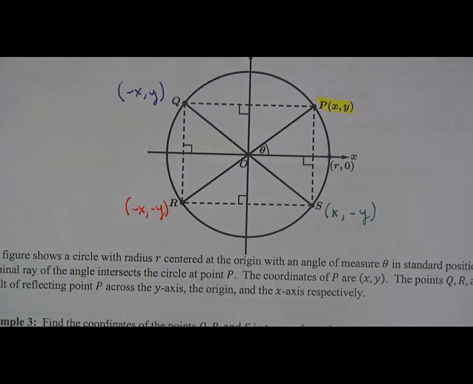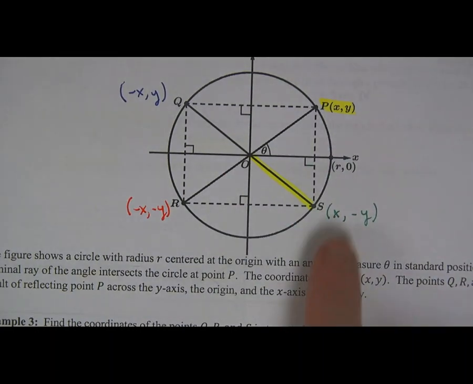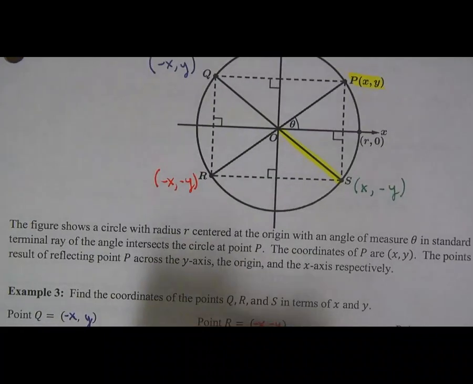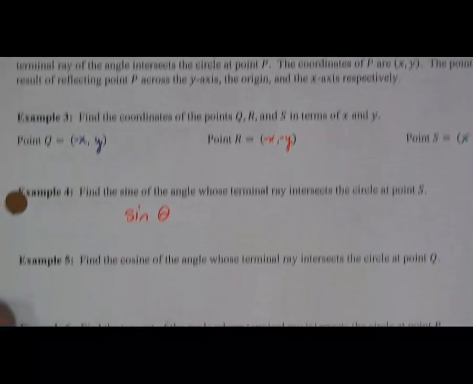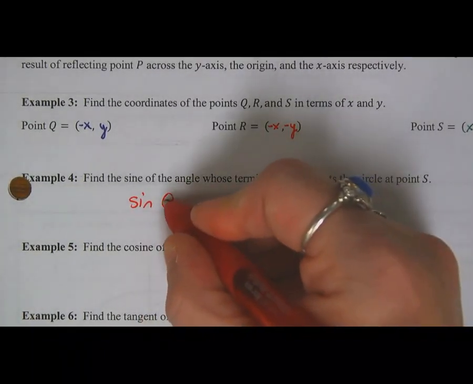Let's see how the questions are being asked. It says, find the sine of the angle whose terminal ray intersects the circle at point S. So, in other words, we care about point S. We don't really care about any of the other points. We care about this (x, -y). And it says to find sine of that angle. When you're writing theta, you can just draw a little oval with a line through the middle.